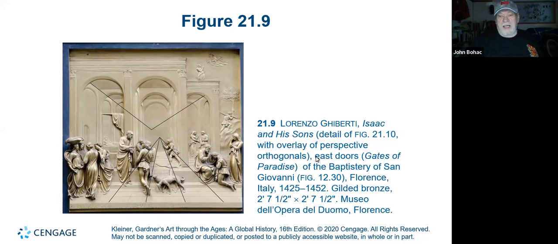And you see overlay of perspective orthogonals. And the orthogonals just really mean the lines that all converge at this vanishing point. But you also see, kind of interestingly, that these orthogonals don't really match up on the horizon line. So it's kind of accurate, but just slightly inaccurate.